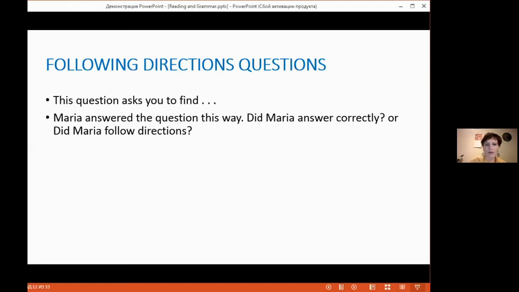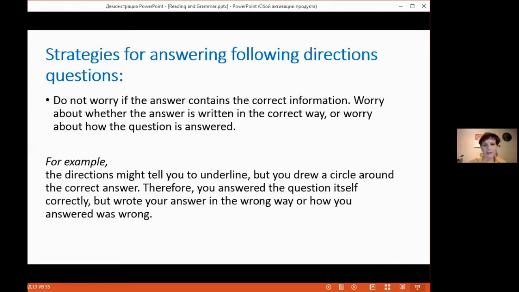Maria answered the question this way. Did Maria answer correctly? Did Maria follow directions? Something like that. Maybe such a situation is described in the text and you are asked such a question, but the most usual way to use them is, of course, to check if the students understand correctly what they need to do. So you do not worry about the information, you worry about how it is written, how it is presented, what exactly you need to do.